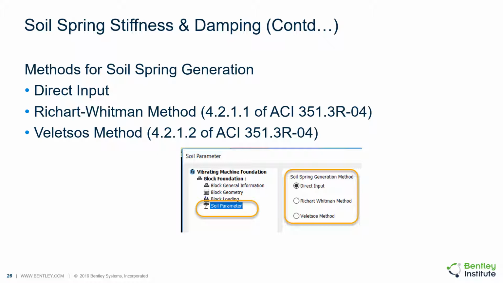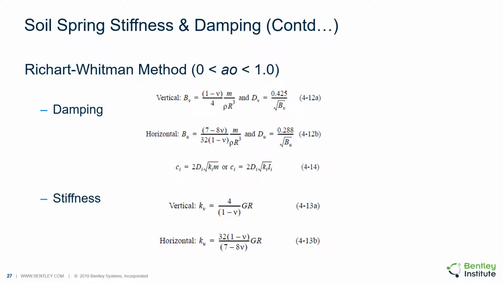The relevant section numbers where these methods are discussed in the code have been provided here. Here we can see the equations used for calculating the damping and stiffness as per Richard-Whitman method. As noted here, this method is best suited for scenarios when the dimensionless frequency is between 0 and 1.